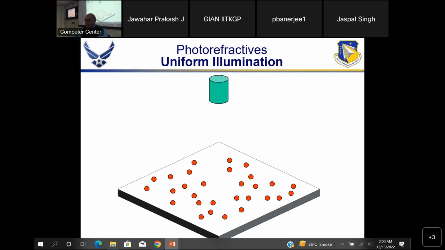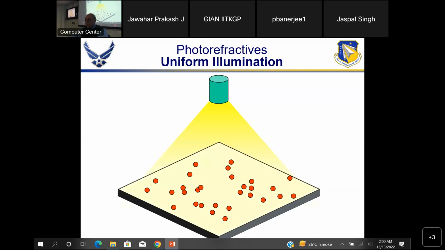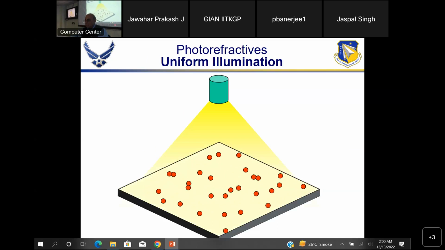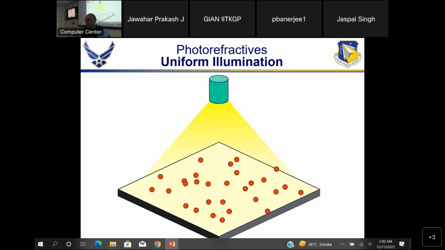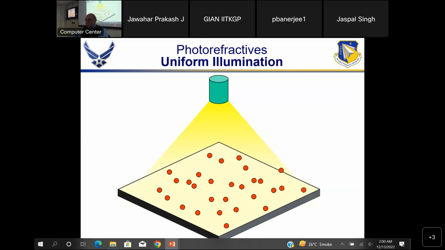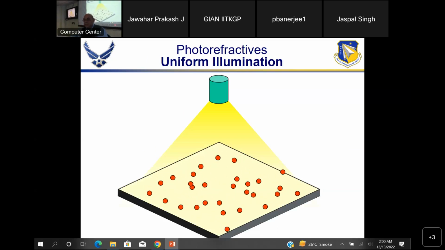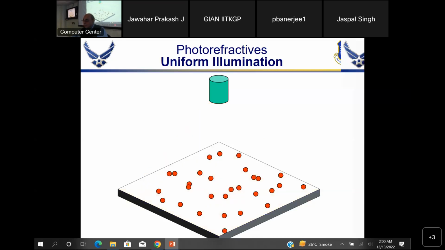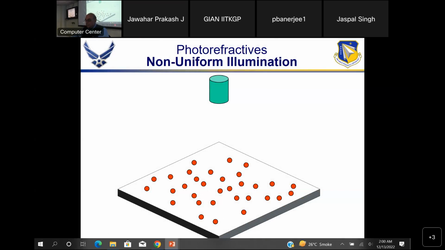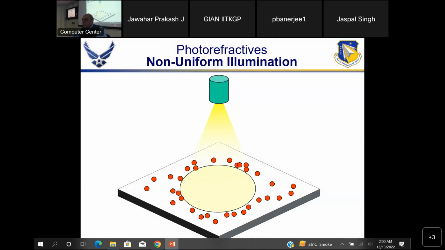So anyway, these are some cartoons that he had done to show how light changes the behavior of, say, the electrons. If you have uniform illumination shining on the material, as you can see, these are electrons that are generated, but then electrons have nowhere to diffuse because the entire region has the same concentration of light falling on the material. But if you shine the light only on a little part, then what's going to happen?